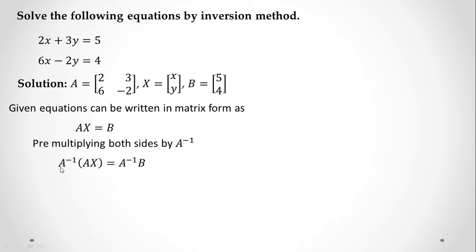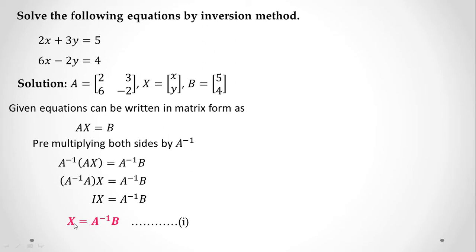See, again the same: A inverse into bracket Ax is equal to A inverse into B. Now by associative property you can write like this, and hence we get IX is equal to A inverse into B, where I is called the identity matrix, and hence we get X is equal to A inverse into B. And this is the very useful relation to get the values of x and y, so that we can solve this simultaneous equation to get the unique solution of these two equations.